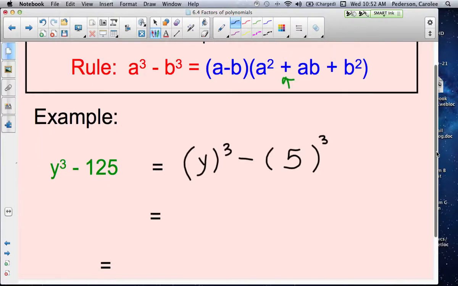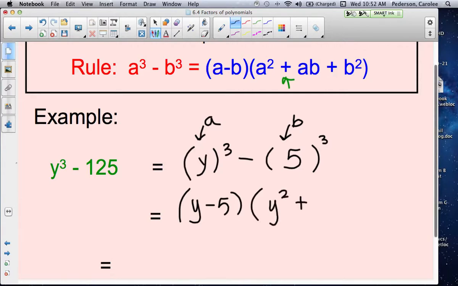Now identify my a and my b. Here is the a, and there is the b in my blue formula. So I can rewrite it as y minus 5, y squared plus y times 5, and then plus 5 squared.